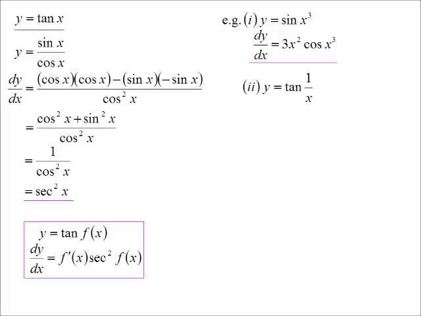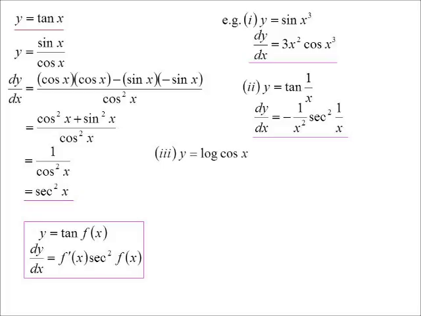Tan of 1 on x. Okay, we differentiate 1 on x, we get minus 1 on x squared. So minus 1 on x squared, tan goes to sec squared, angle does not change, it's 1 on x. The log of cos x. Okay, it's a log function that we're differentiating now.